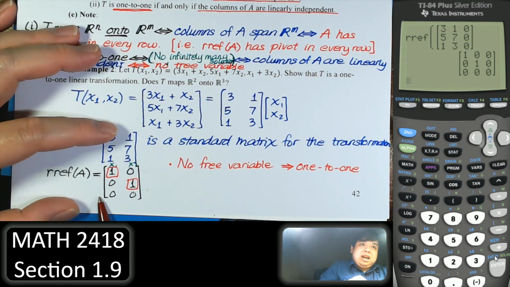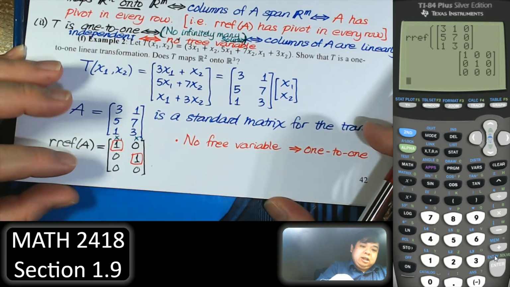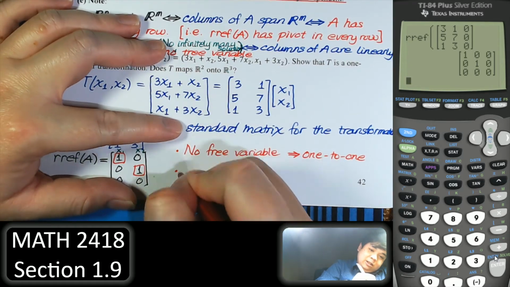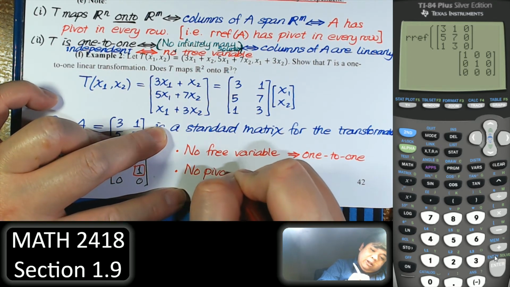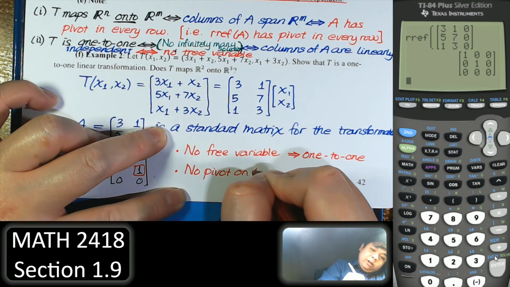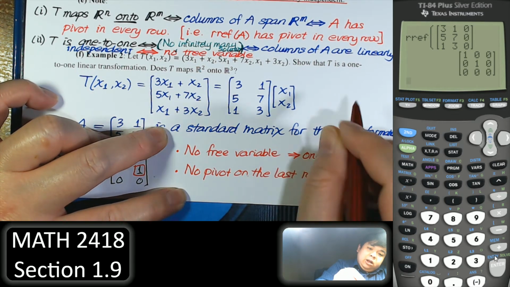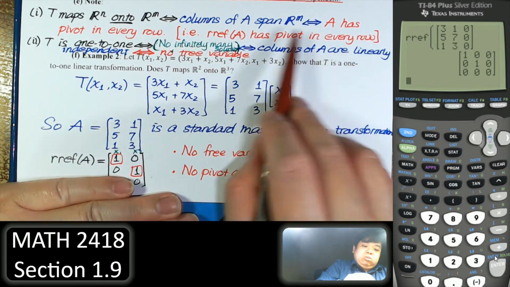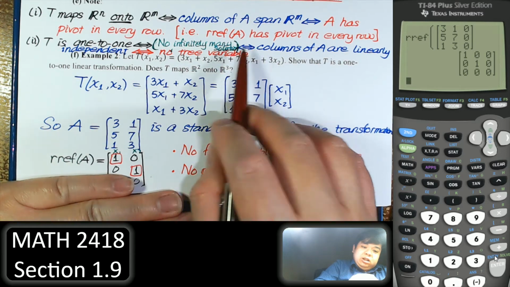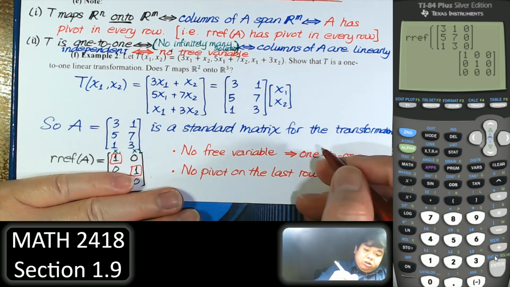And this one doesn't have the pivot on the last row. No pivot on the last row, which implies that this statement is not right, so it is not onto.